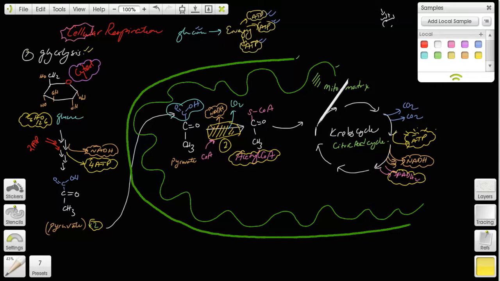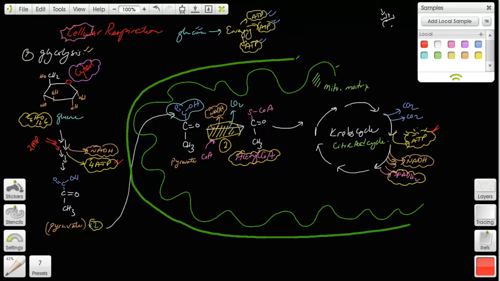It processes acetyl-CoA and generates for us energy-rich molecules, ATP. So where's ATP generated here? ATP is generated over there, and ATP is generated here in glycolysis.